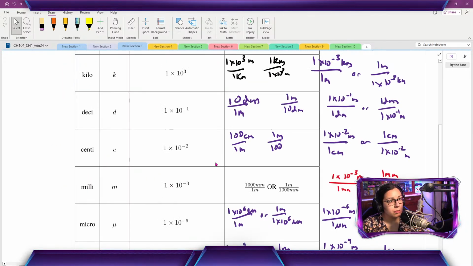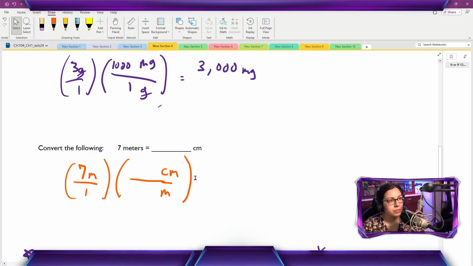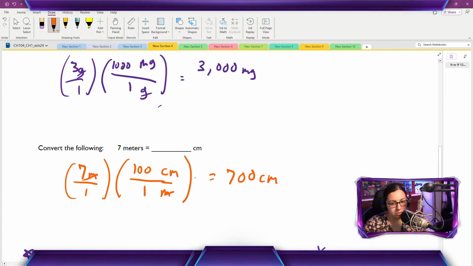And if we need, we can go back and look at this: 100 centimeters in a meter. Let's put that conversion factor in, 100 centimeters in 1 meter. Once again, meters cancels, multiply across, giving us 700 centimeters.